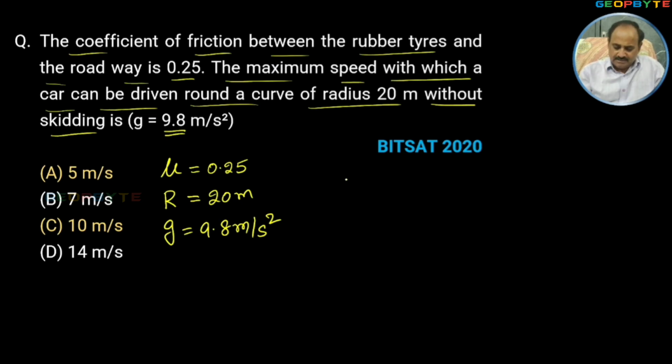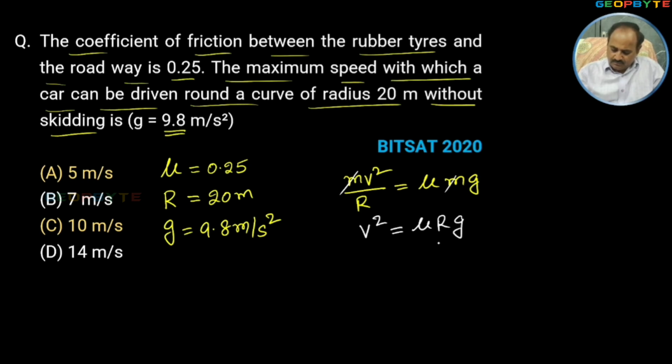The condition for that is mv square by r must be equal to mu mg. Here this m is cancelled. Then v square equals mu r g. It is equal to mu 0.25 into r value 20 into 9.8.